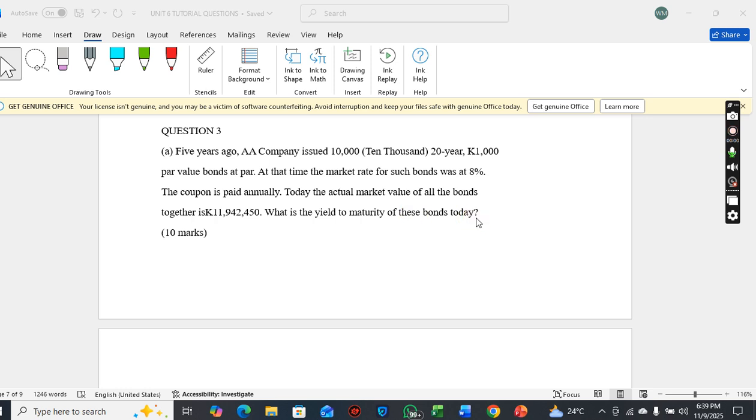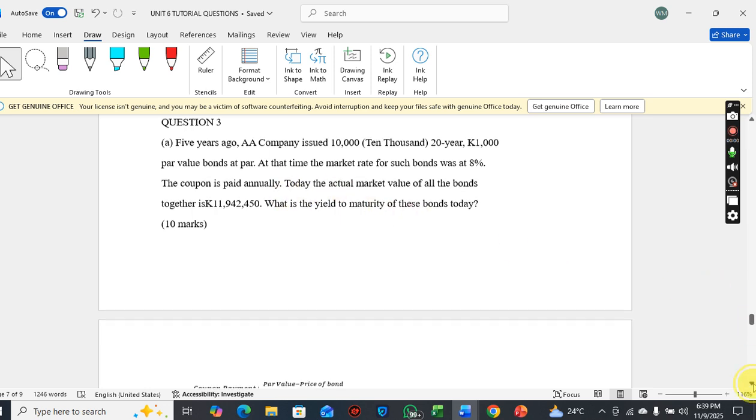So your yield to maturity is your overall return you get when you hold a bond from the time you buy it until it matures. Okay, so here we have the formula for the yield to maturity.